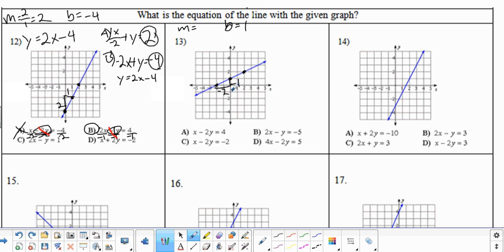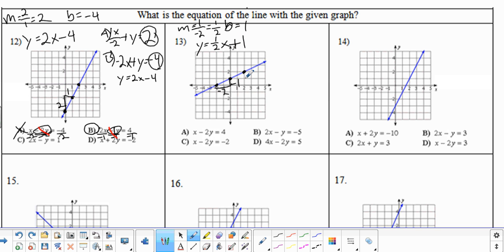Remember, down is negative and left is negative. So my rise is -1, and my run is -2. We know that -1 over -2 simplifies to +1/2, which makes sense because this line goes in a positive direction. So the equation for this line is y equals 1/2 x plus 1.